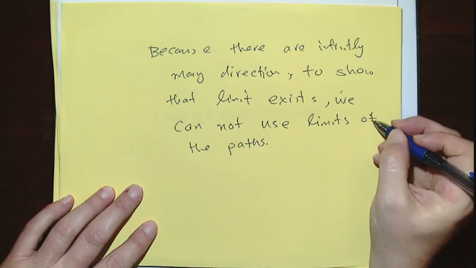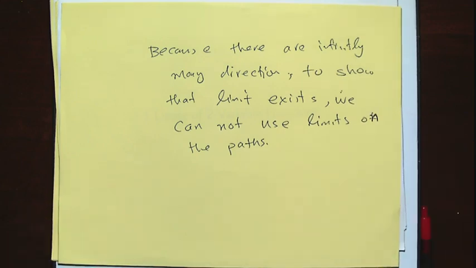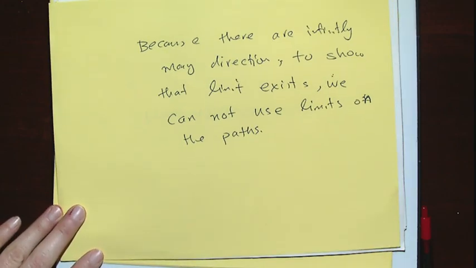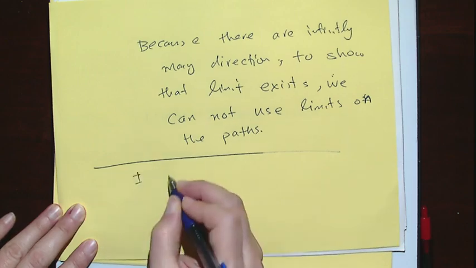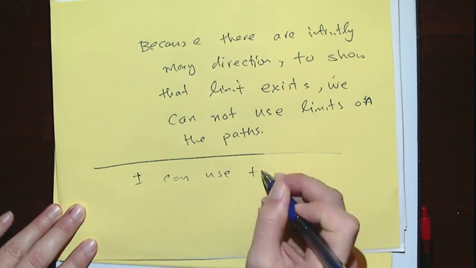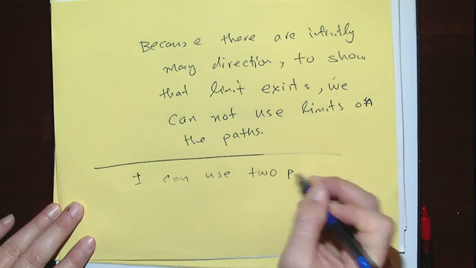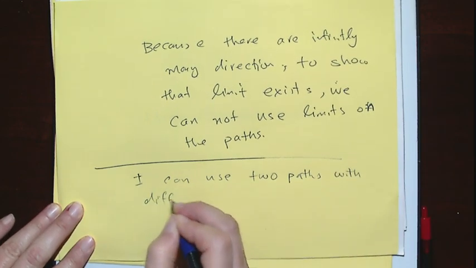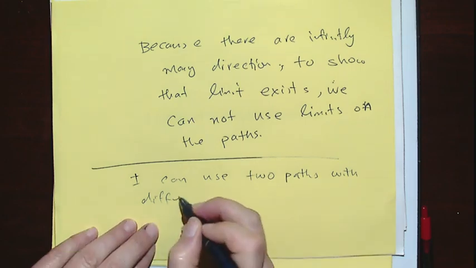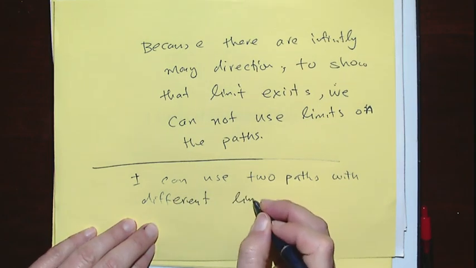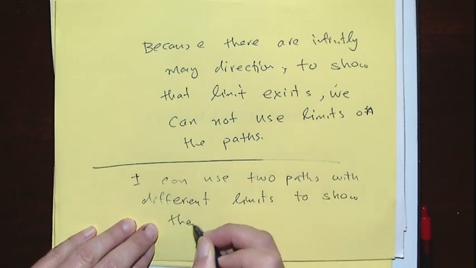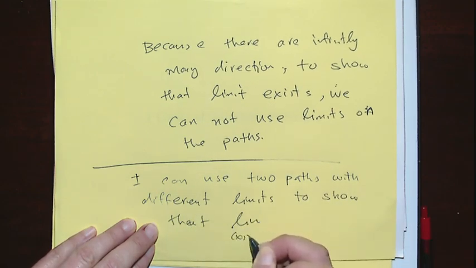Limits on the paths. So I can say from left, from right, from above, from this side, from this path, right? But I can use two paths with different limits to show that this doesn't exist.